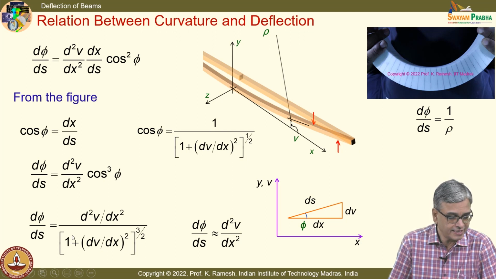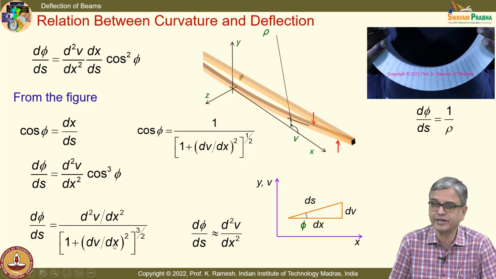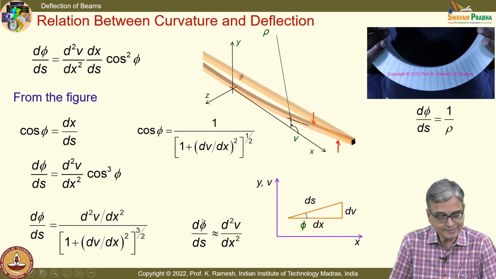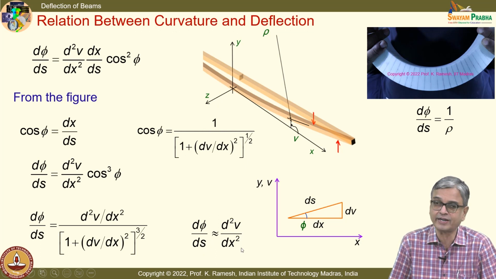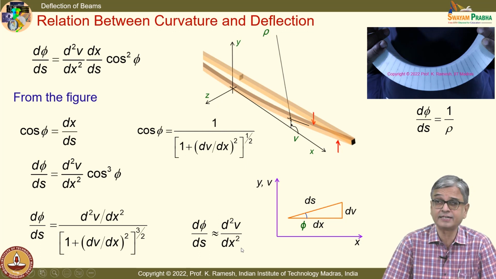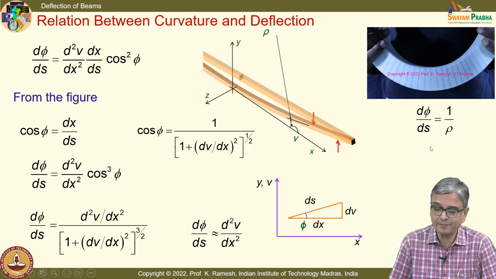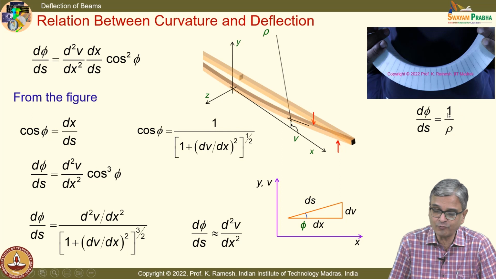So, I say that this is almost like unity. So, I can say d phi by ds is approximately equal to d squared v by dx squared. It is a deliberate approximation. And we also know d phi by dx equal to 1 by rho. So, I am going to relate what is 1 by rho to d squared v by dx squared.